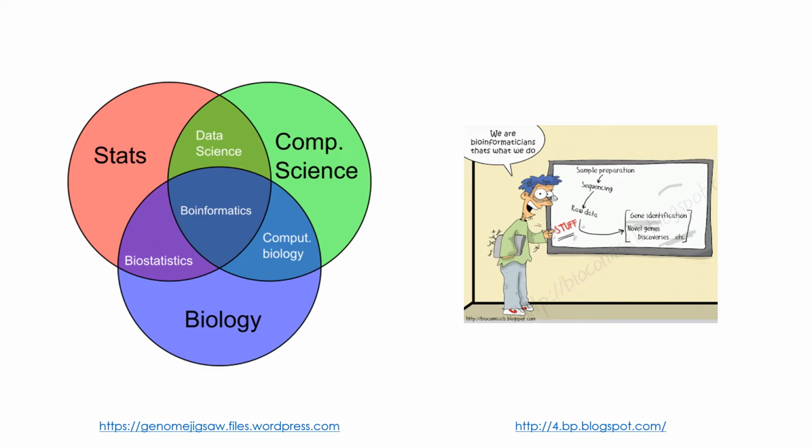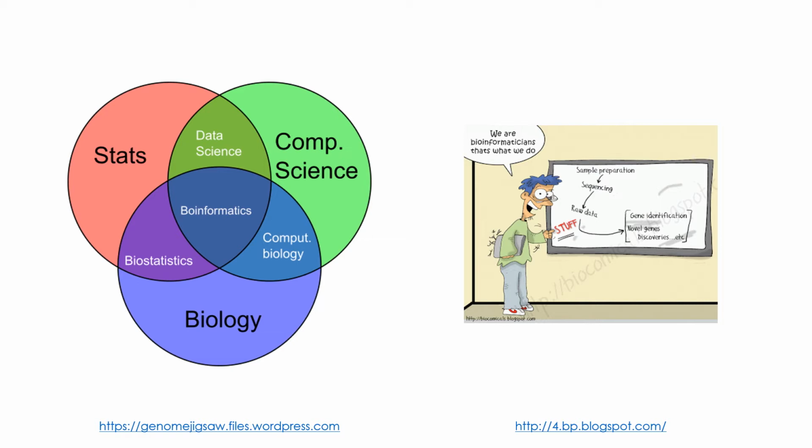Okay, so we have tons of data present on the internet, and we also generate tons of data every day. But generating data is one thing; extracting or mining meaningful information out of that raw data is the job of bioinformaticians.